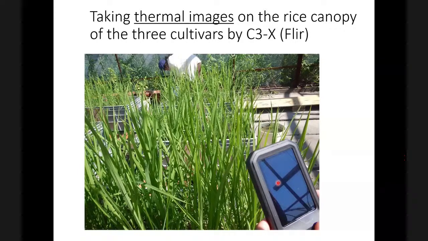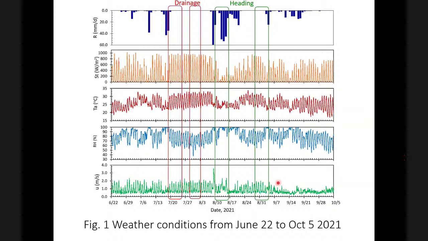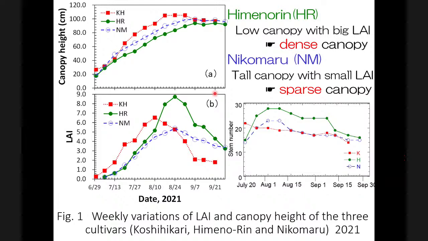These are the meteorological conditions. Temperature was over 30 degrees Celsius on most days, but sometimes a little cooler due to a typhoon. These are the weekly growth situations of the three cultivars. Although I will not discuss the growth differences, let me call Himenorin H or HR, NM is Nikomaru, and KH is Koshikari.